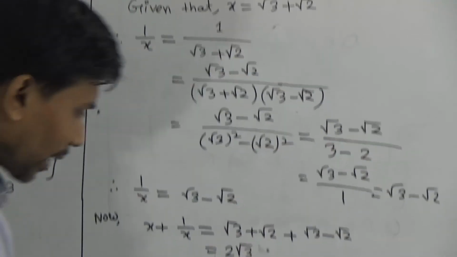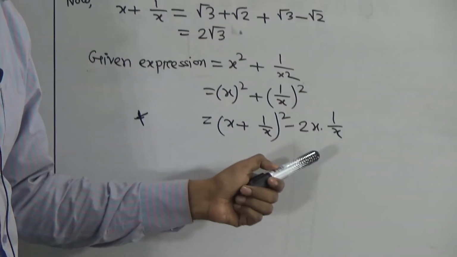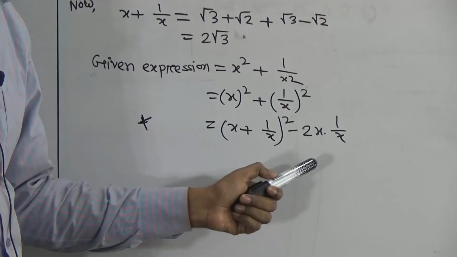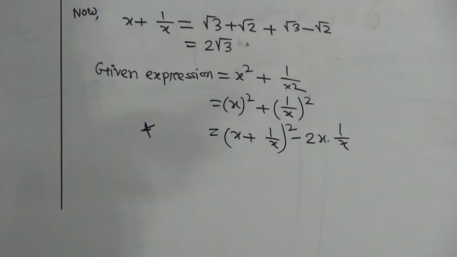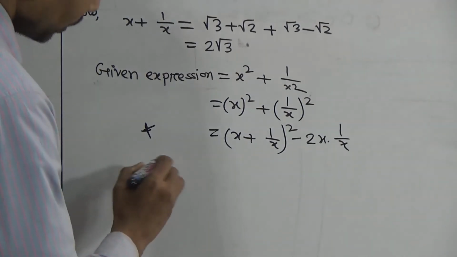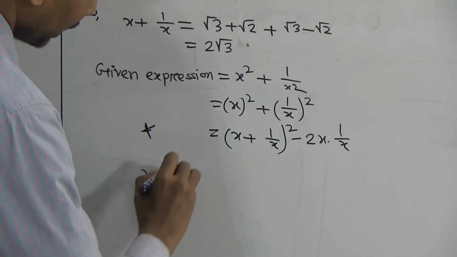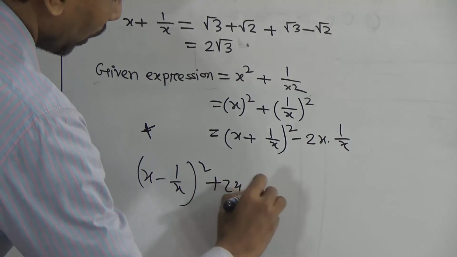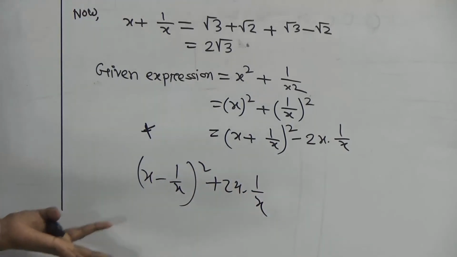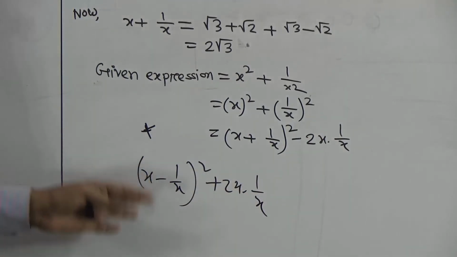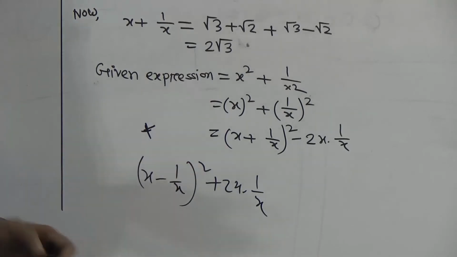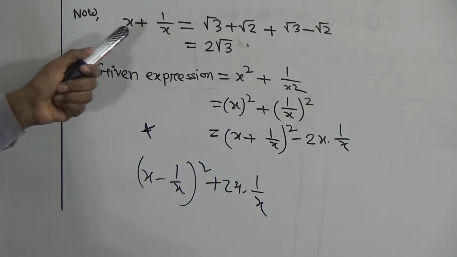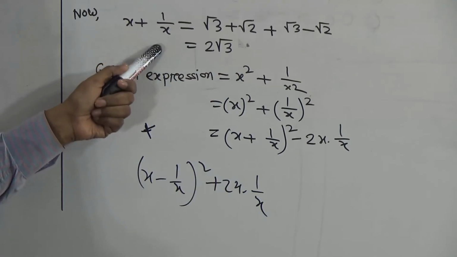Why I have taken x plus 1 by x whole square minus 2 x 1 by x? You ask me a question, sir, why we do not use here x minus 1 by x whole square plus twice x 1 by x. This formula also holds. Why I cannot use this formula? Your answer will be, you see, I have determined here the value of x plus 1 by x.